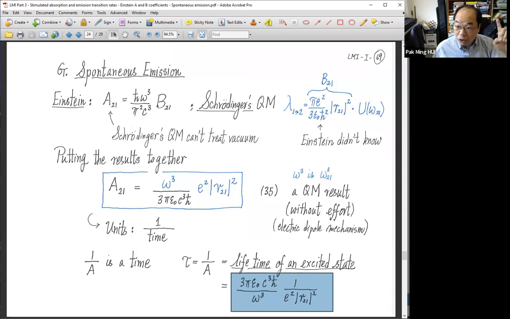I want you to appreciate this point. Many of you learn quantum mechanics as a chunk of symbols: Hamiltonian, operator, Hermitian, orthogonal, all that kind of fancy things. No, quantum mechanics is very practical and quantitative. If you plug in everything and calculate it, you get a number for the lifetime of an excited state. The experimentalists can measure the spectral line.